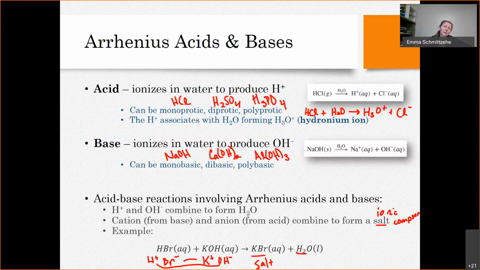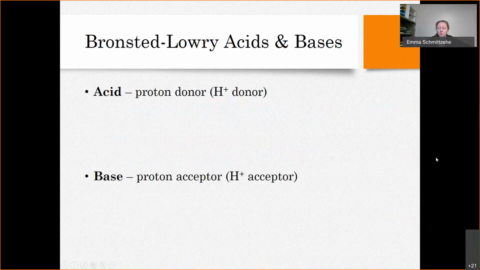But it's not the only kind of acid and base you can have. The Arrhenius acid-base definitions are kind of limiting, and so they don't encompass everything. And so sometimes we will talk about acids and bases a little bit differently. What we use is what's called the Bronsted-Lowry definition.